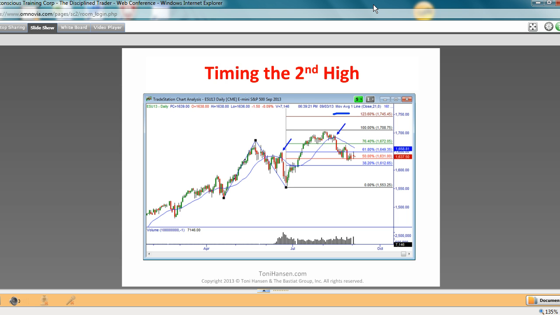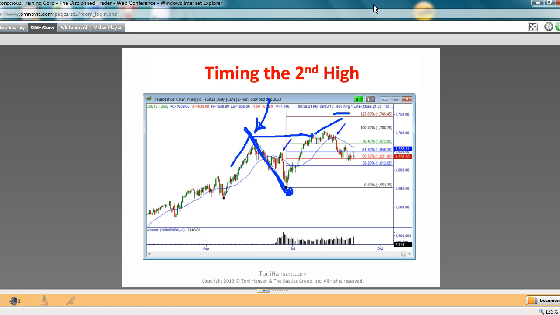Now, as this was coming into this resistance zone, you'll notice that the momentum is shifting. It started to shift at the 76.4% Fibonacci expansion level, sorry, getting ahead of myself. It started to stall at the 76.4% Fibonacci expansion level, which was the retracement back into the zone where this previous breakdown took place.